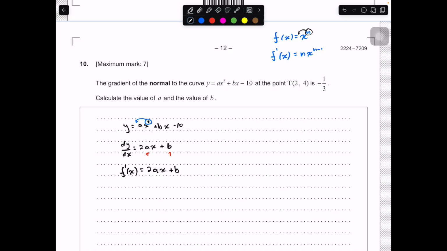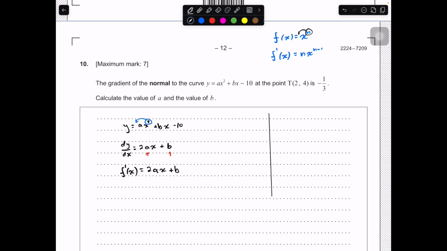And we have 2ax + b. All right, so we know the derivative is equal to 2ax + b, and we also know that the gradient of the normal to the curve at some point is -1/3. So let's make use of that.